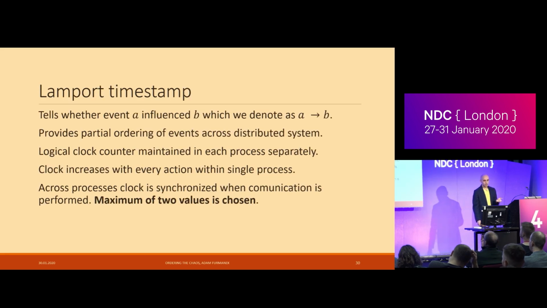So what we are going to implement is a thing called Lamport timestamp or Lamport happened-before relation. We say that event A influenced event B, and we denote this with an arrow notation. We will be able to order events as long as one influenced the other.